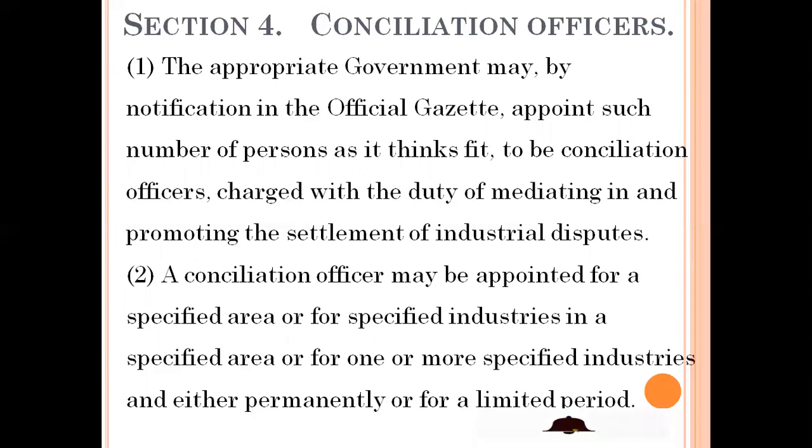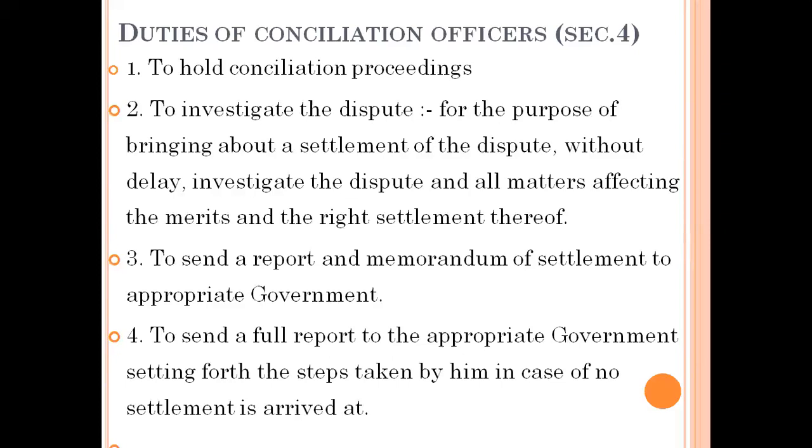A conciliation officer may be appointed for a specified area or for specified industries in such specified area, or for one or more specified industries, and either permanently or for a limited period of time.